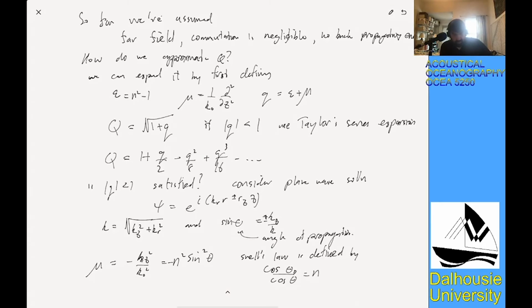So q equals epsilon plus mu, as we defined, equals n squared minus 1 minus n squared sine squared theta, which is now going to equal minus sine squared theta naught when the dust settles, okay?